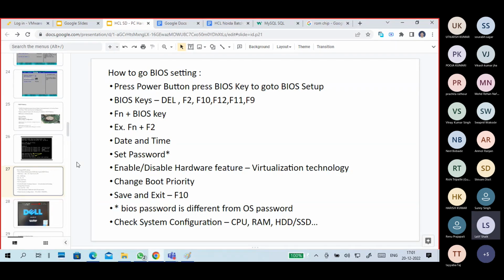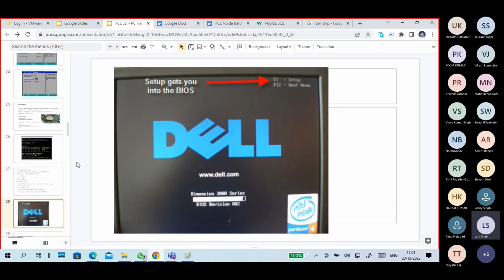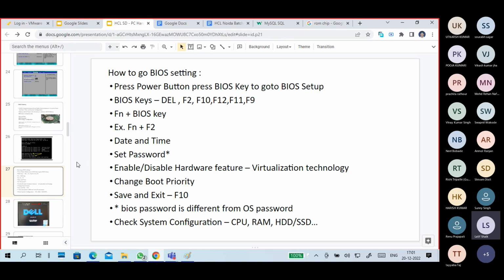If you don't know, even if your system is not showing these things, you can still search in Google based on your laptop or desktop manufacturer, company wise, like a Dell model, and you can find your BIOS key.